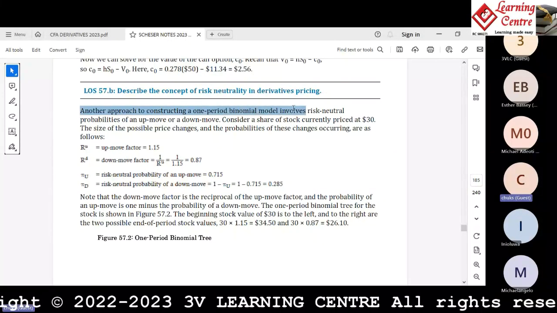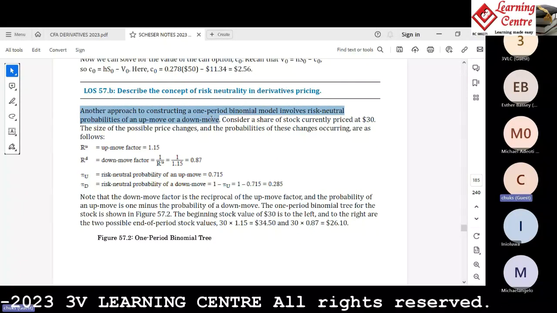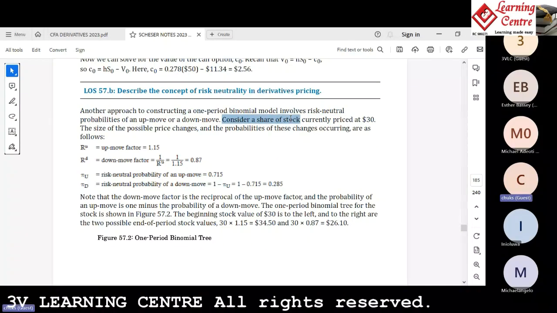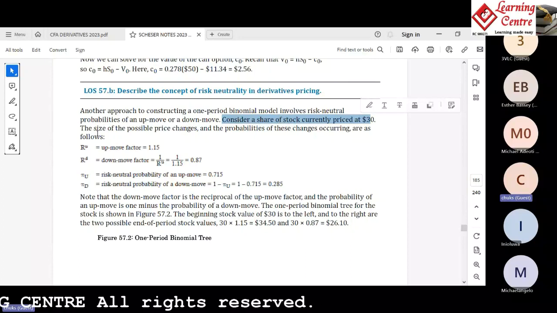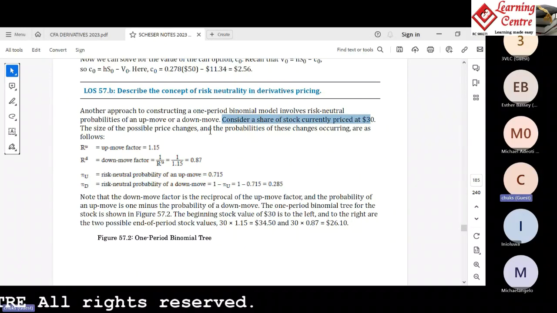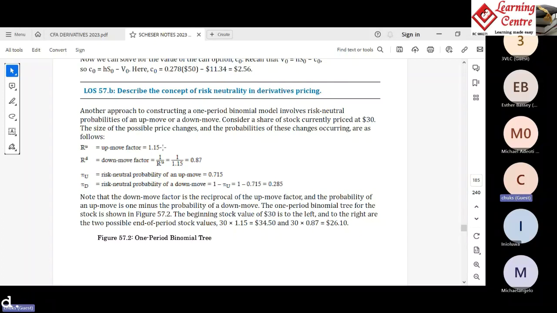Another approach to constructing a one period involves risk neutral probabilities of an up move or a down move. So consider a share of stock currently priced at $30. The size of the possible price changes and the probability of these changes occurring are as follows. So this one is, the up move is 1.15.